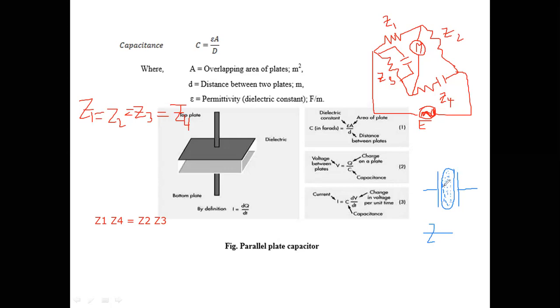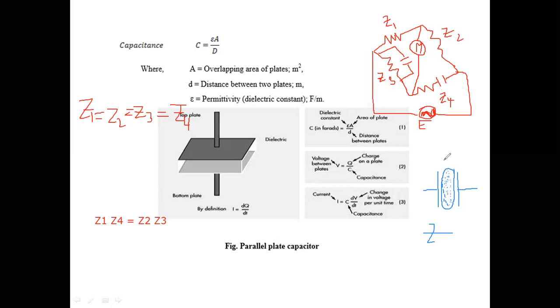Let us suppose I am inserting this capacitor into a chamber whose humidity I want to measure. Then this salt inside the capacitor will absorb the humidity present in the chamber.